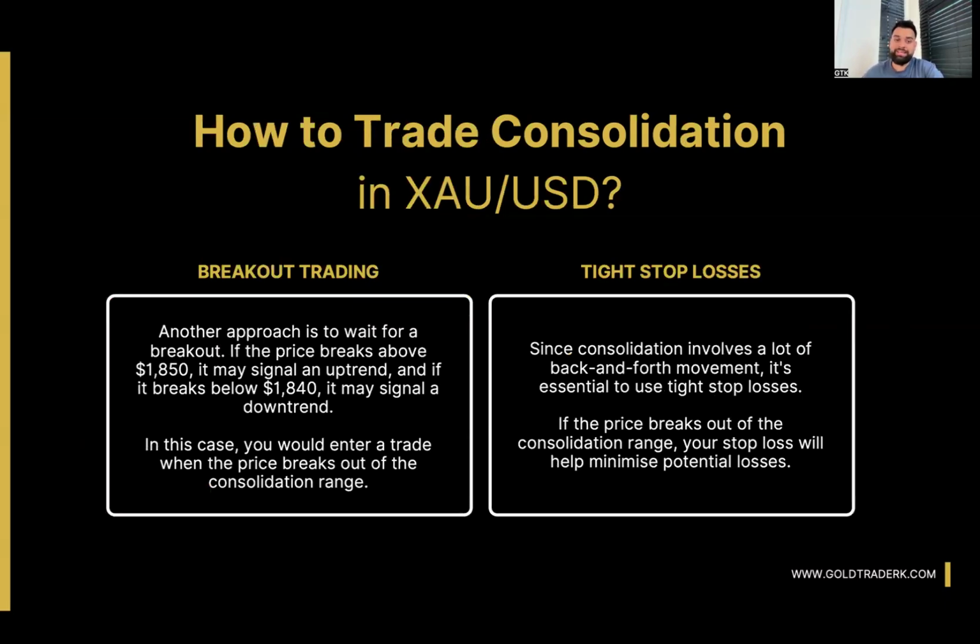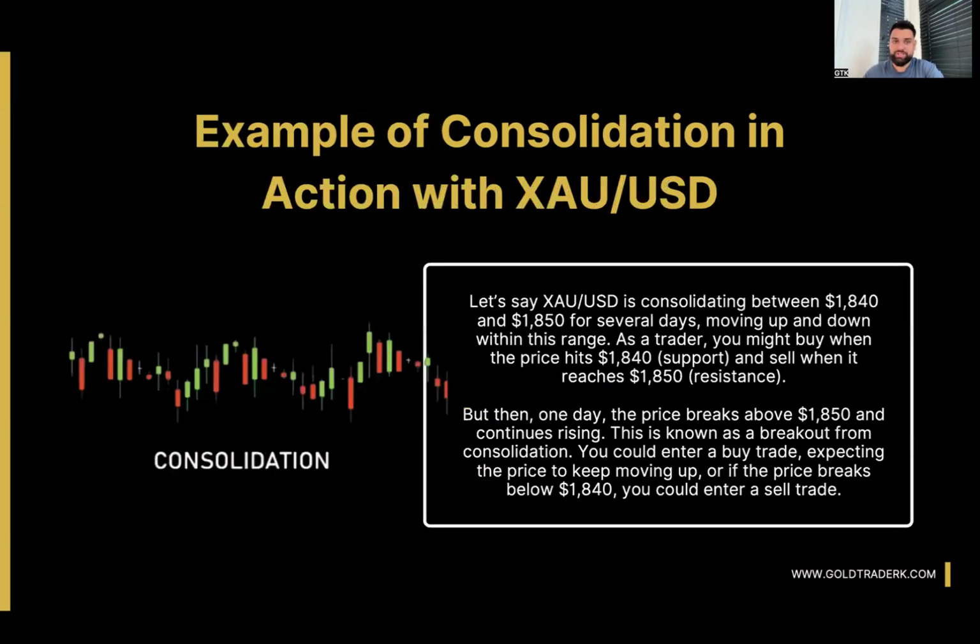If the price breaks above 1850, it may signal an uptrend, and if it breaks below 1840, it may signal a downtrend. In this case, you would enter a trade when the price breaks out of the consolidation range. Tight stop losses. Since consolidation involves a lot of back and forward movement, it's essential to use tight stop loss. If the price breaks out of the consolidation range, your stop loss will help minimize potential losses.